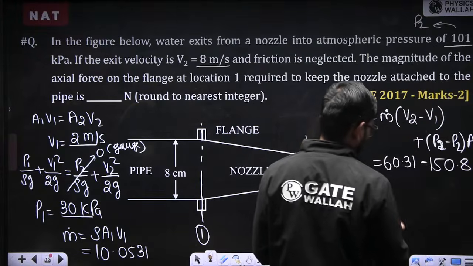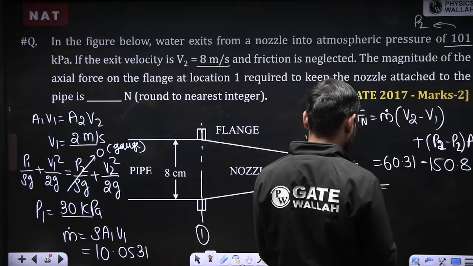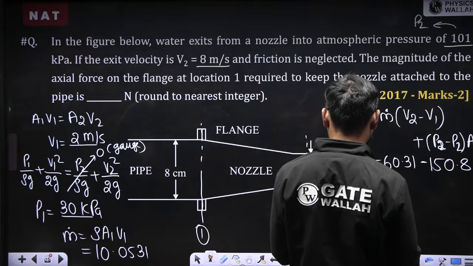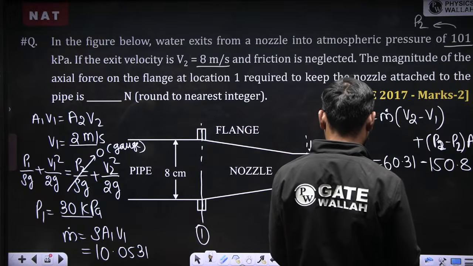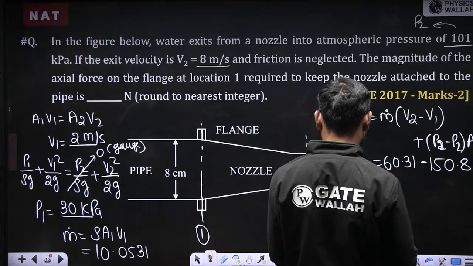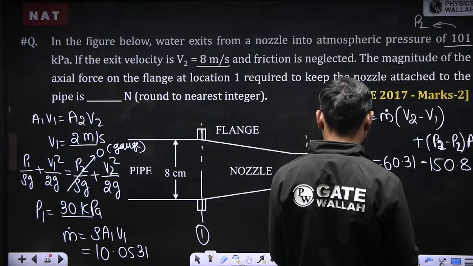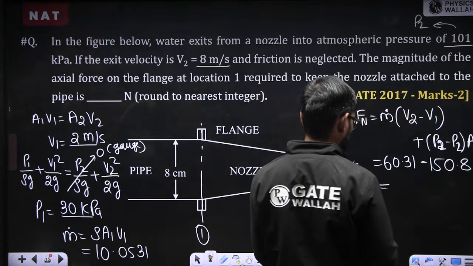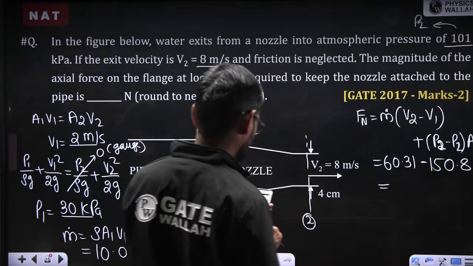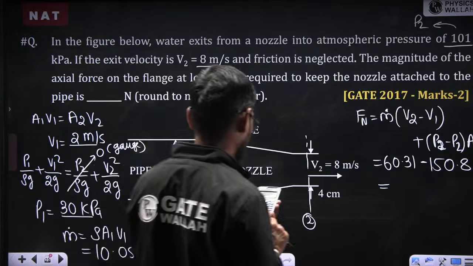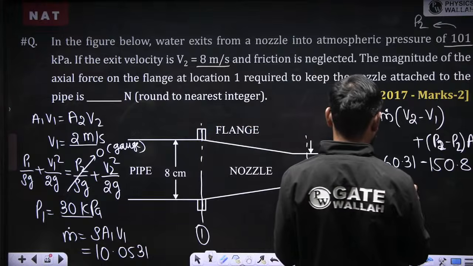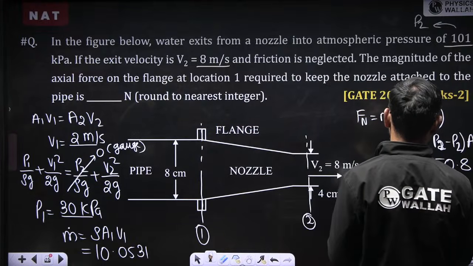So this value is coming minus, how much? 150.8 minus 60.31 is 90.41.